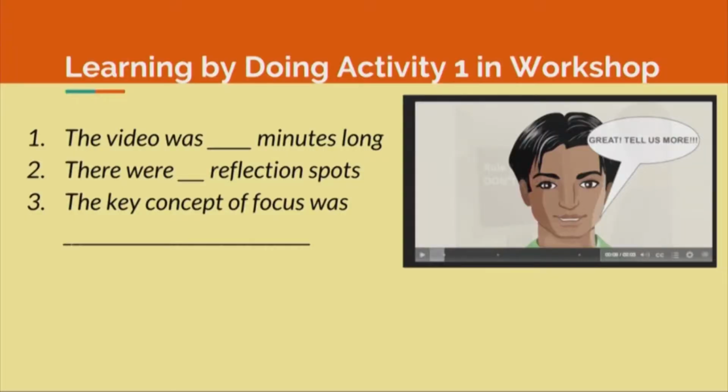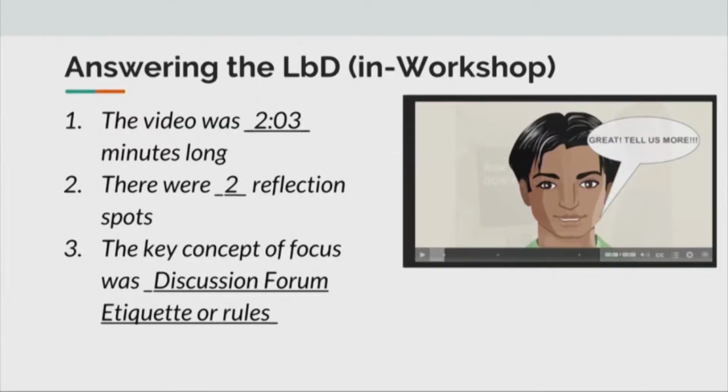That is a reflection spot. 2 reflection spots, and the key concept of focus was forum etiquette, the rules of discussion forum. So the total time was 2 minutes 3 seconds. There were 2 reflection spots, and the topic was discussion forum etiquette or rules. Whatever your answer is, it is fine.